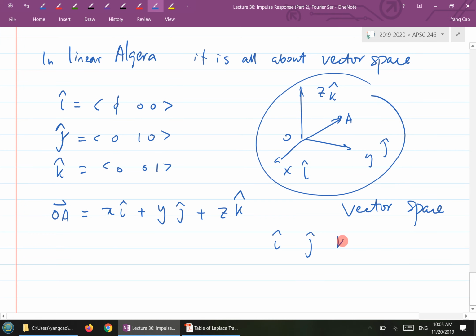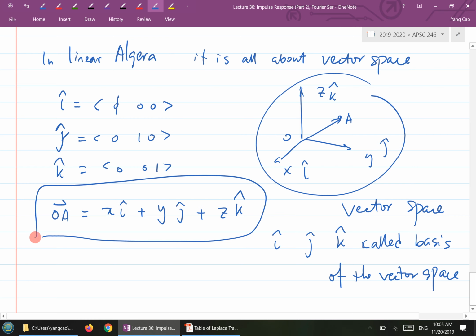If you recall, they are called the basis of the vector space. So now you can express any vector in the vector space using this expression: this times the basis, this times the basis, and this times the basis, then you get the vector.